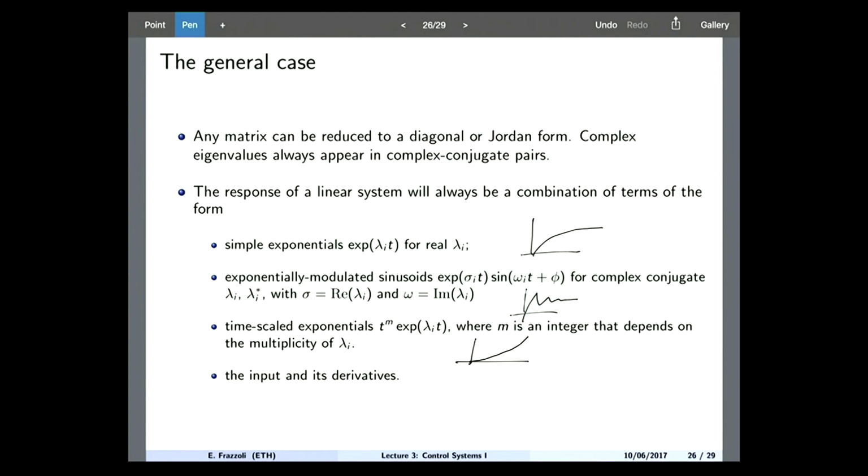And then, in general, whatever the input is, you will actually see terms that look like the input transmitted to the output.